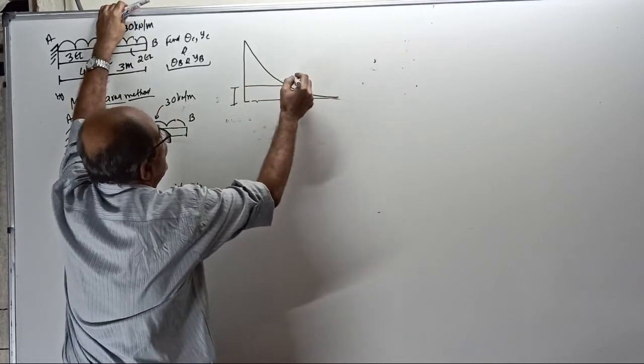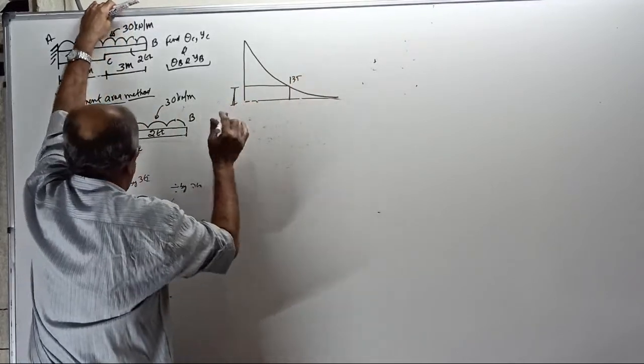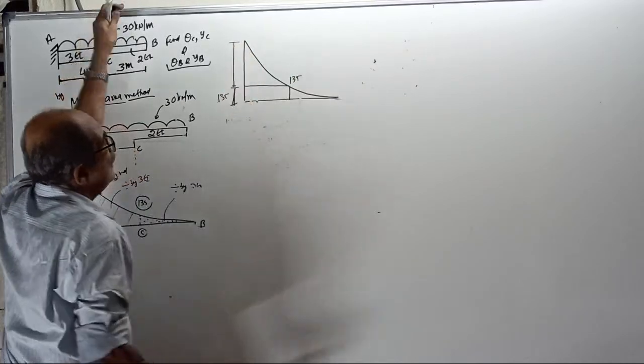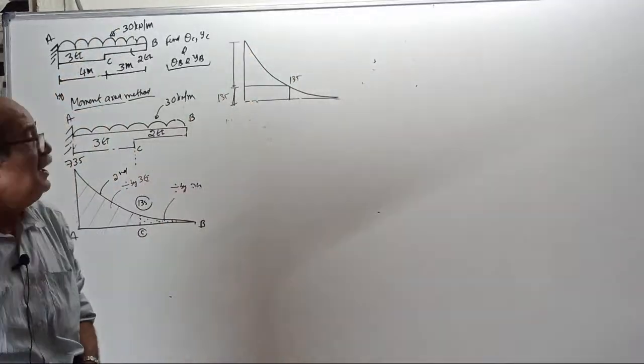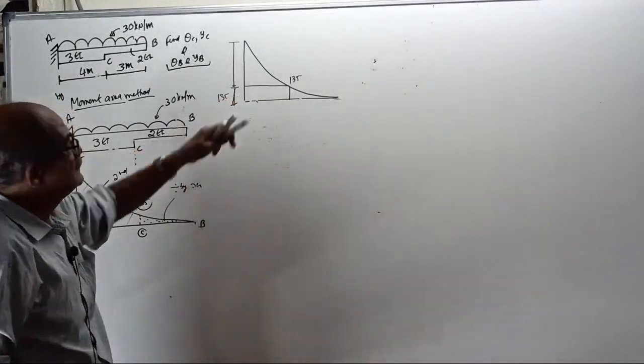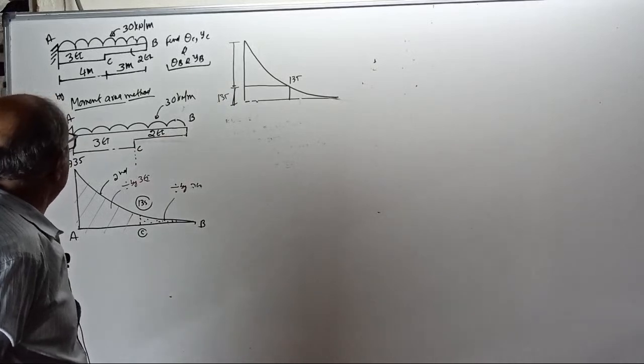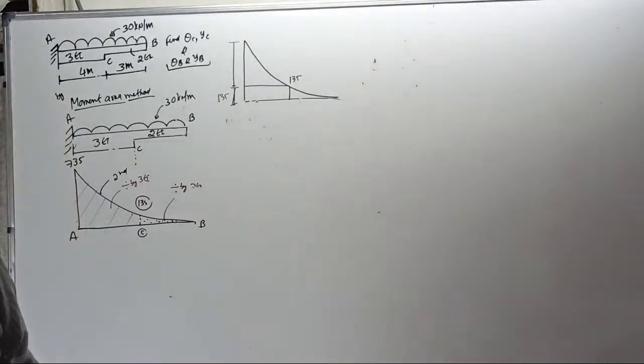They will mark 135 here, and this they will mark again 135 only. Tell me how much this one, how much that one. From 735 subtract 135. How much? From 735 subtract 135. It is 600.